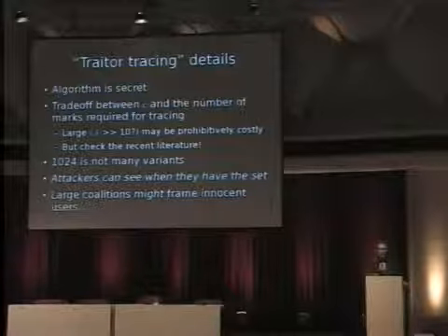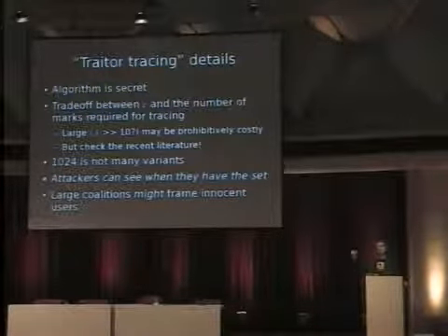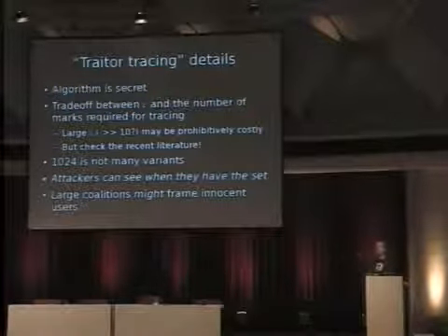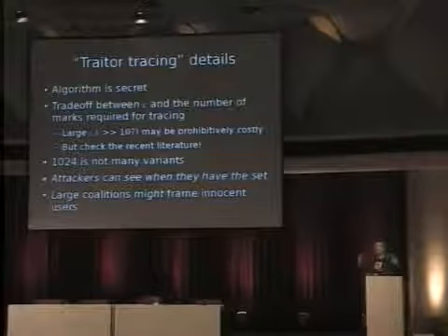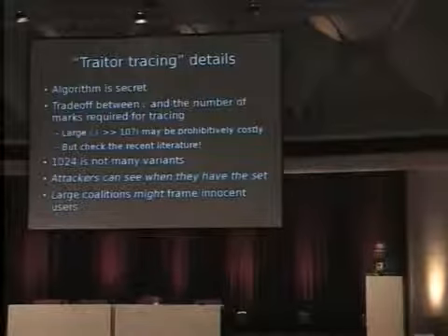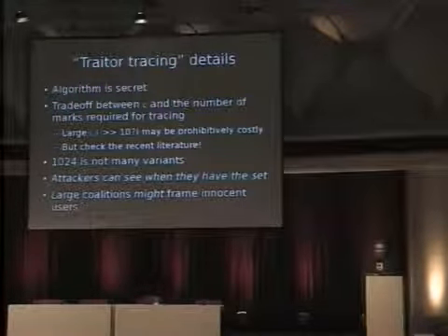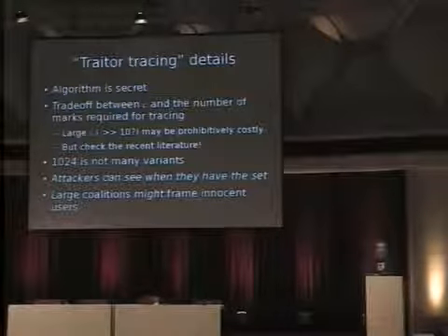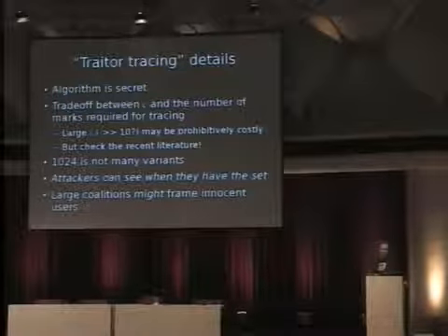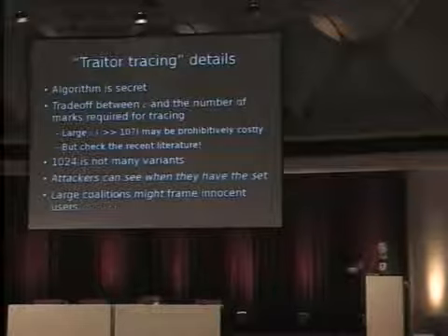So the attackers against this DRM system can actually tell when they've found all of the variations and they're picking a random choice between the 2 variants, like the twinkle or the no twinkle, or they're making some combination of the 2, like half a twinkle, so the AACS can't read that particular bit of information from the video. And so because attackers can see when they've completely removed all of the marks from each copy of the video, and because these Cs are small, they might be able to, if they have enough devices, actually frame innocent users.